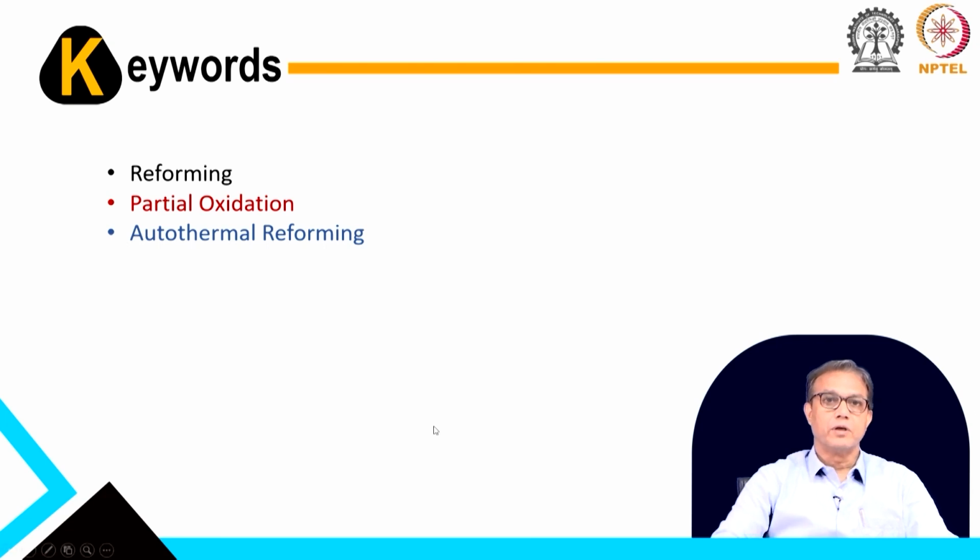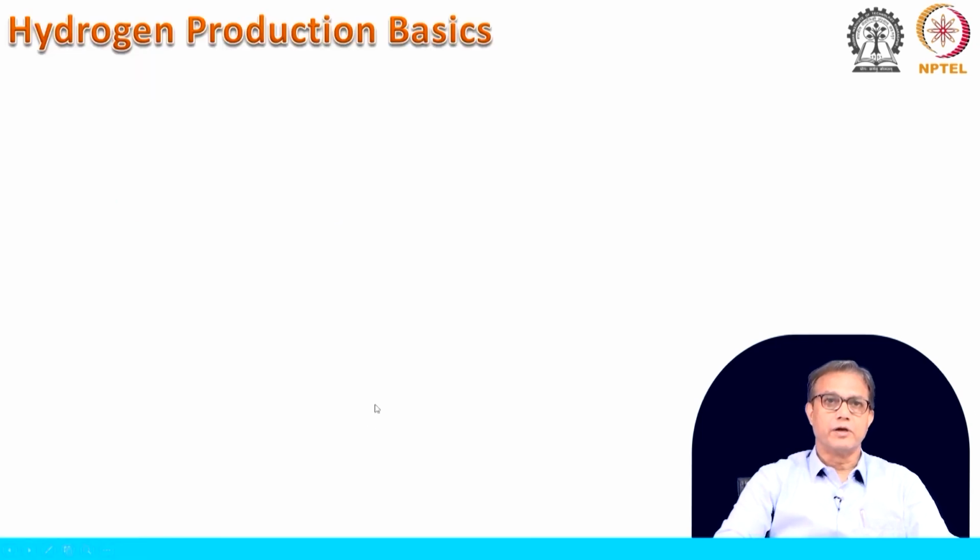To start with, let us first look at the basics of hydrogen production. What we have learnt earlier is that there are two basic means from which we can get hydrogen. When hydrogen is combined with oxygen, it is water, which is abundantly available in nature. The other is when it is combined with carbon and available in the form of hydrocarbon.